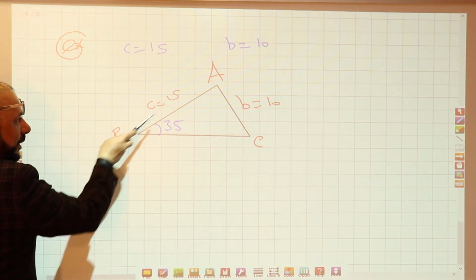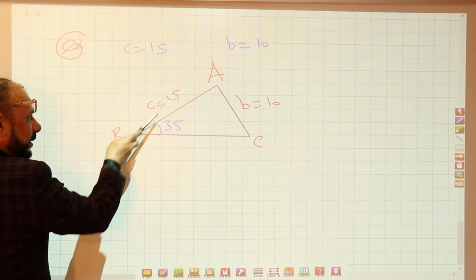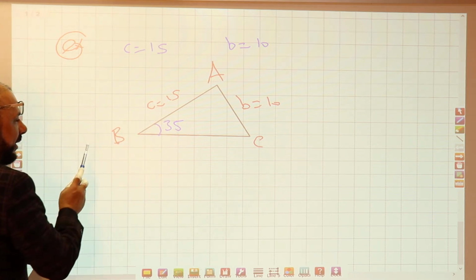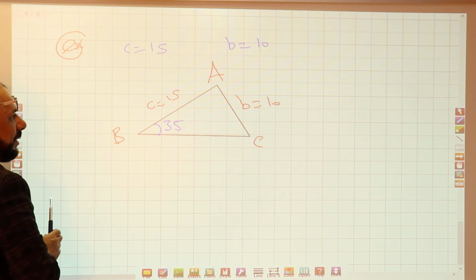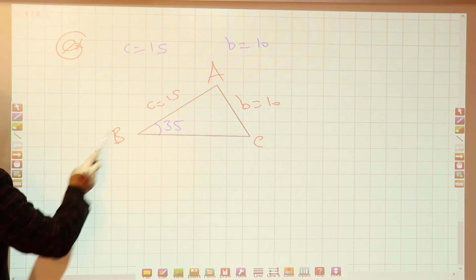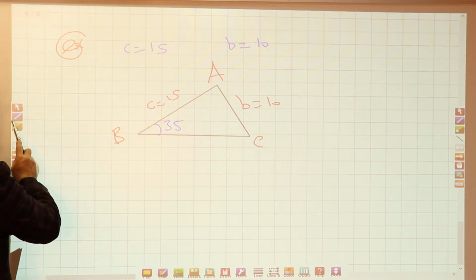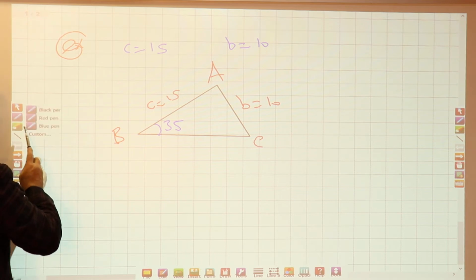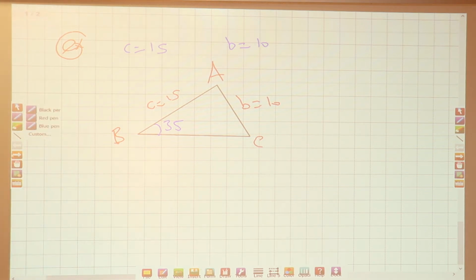Then we're going to look here at the side C and side B, and compare it to H, the height of this triangle. To see it clearly from both sides, let me just draw something for you here, from here to here, and see what I mean.